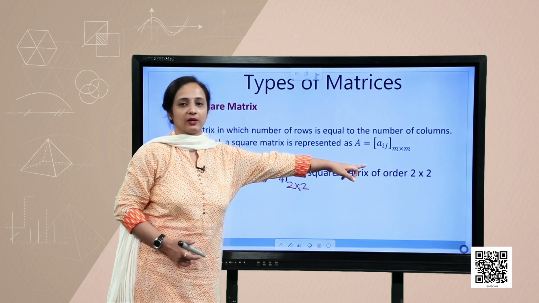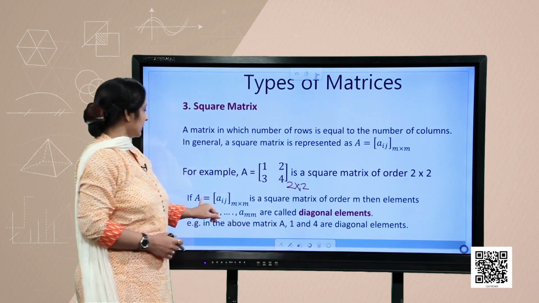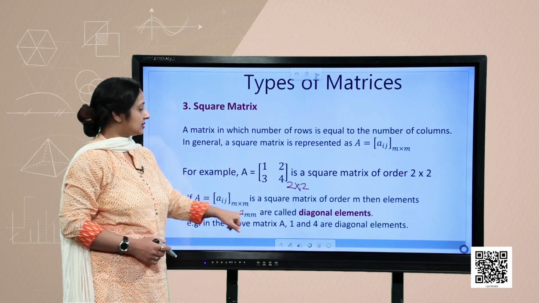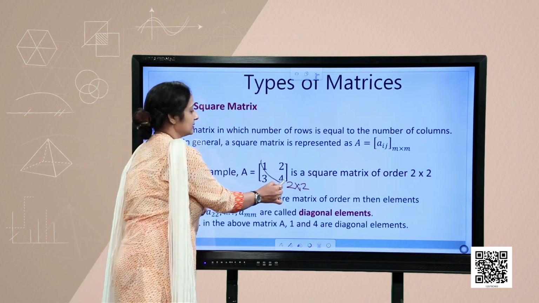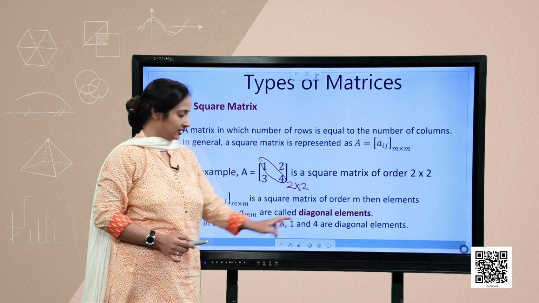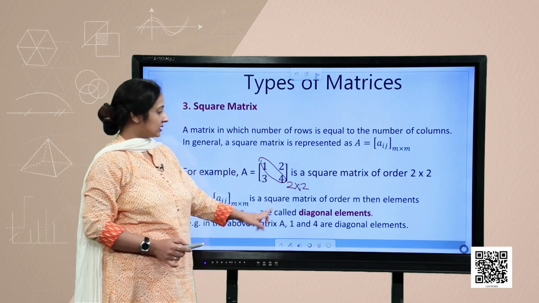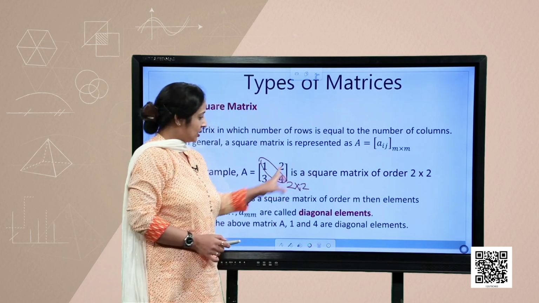So it is a square matrix of order 2 by 2. So aij, if this is the matrix, we can also say that these elements 1 and 4 are known as diagonal elements. In the above matrix 1 and 4, only these two are considered to be diagonal elements, not 2 and 3.